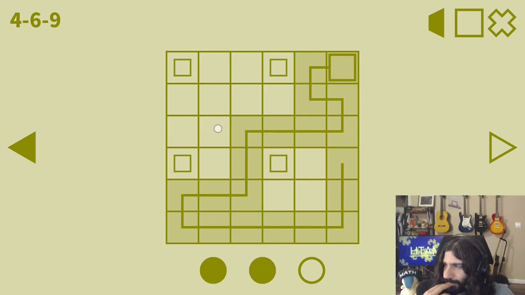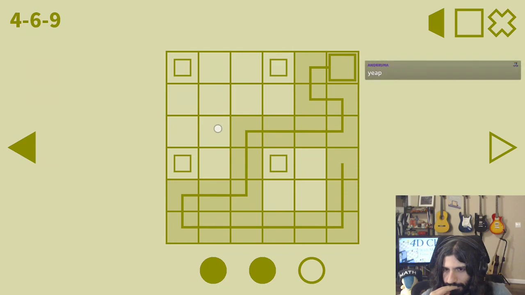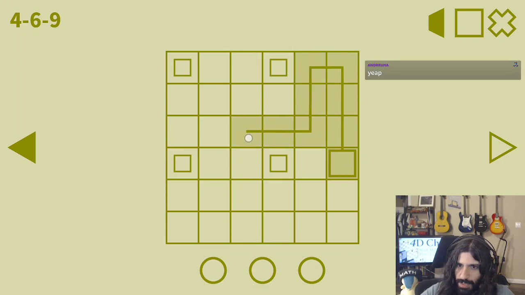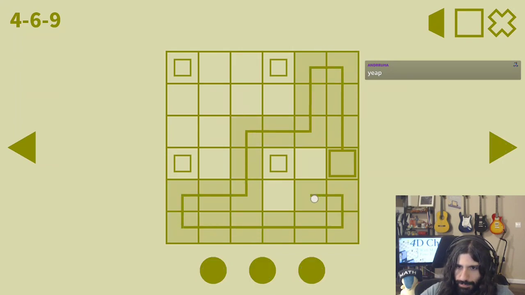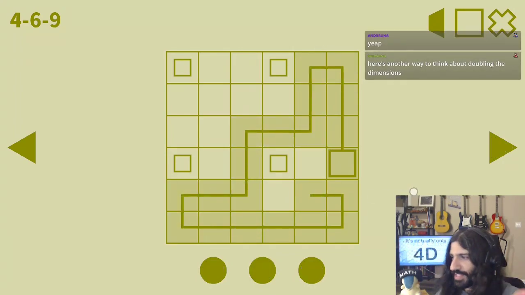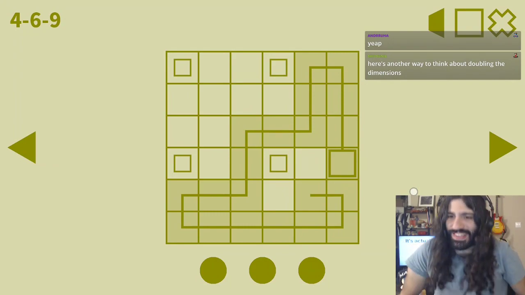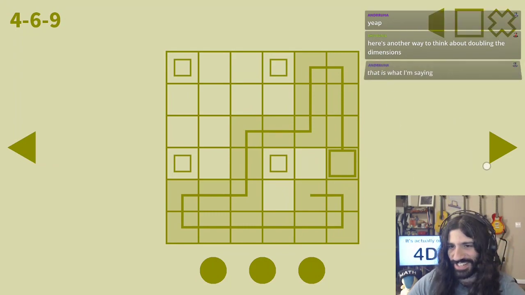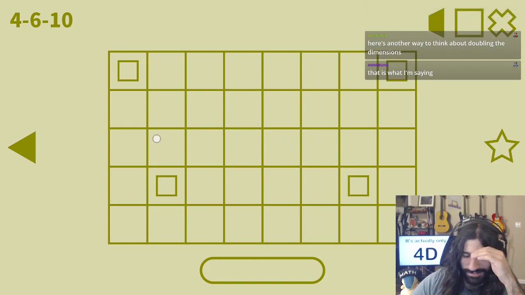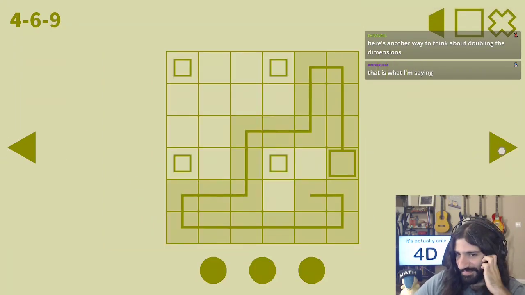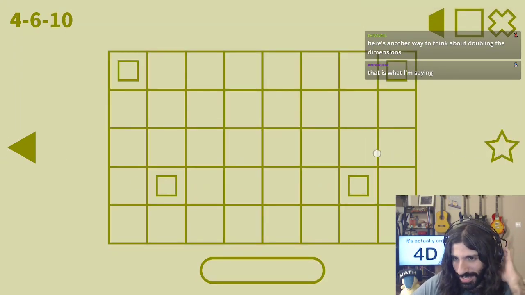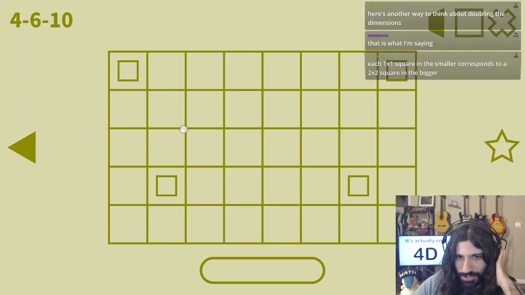Okay. Hold on. This is what doubling means. Okay. All right. Figured it out. 2 sections, one's double the other.